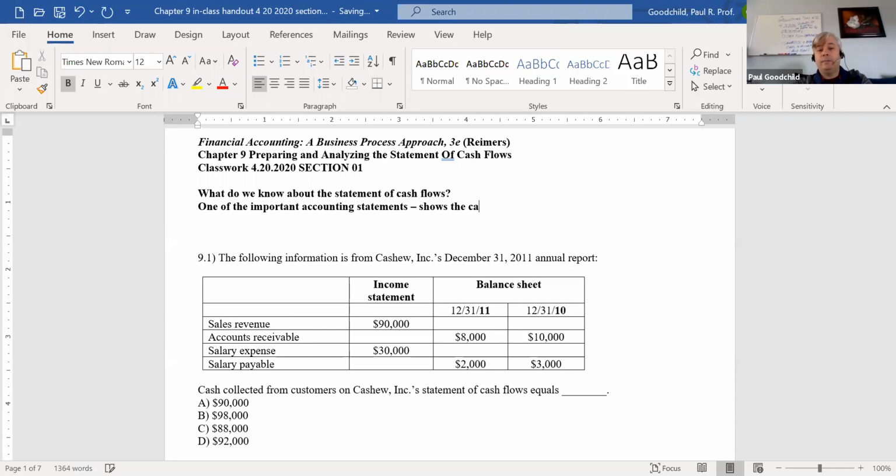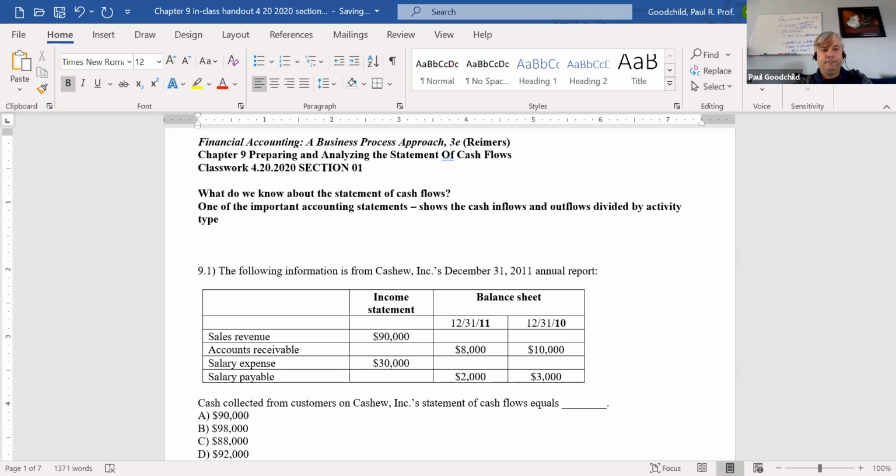It shows the cash inflows and outflows divided by activity types, which include operating. These are the ongoing activities of the company.